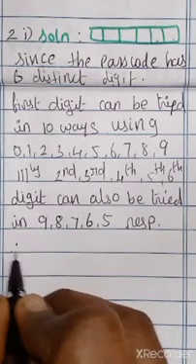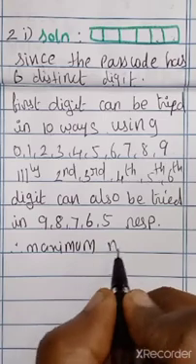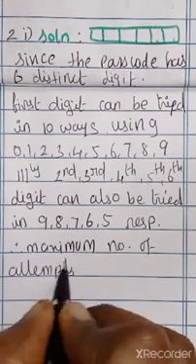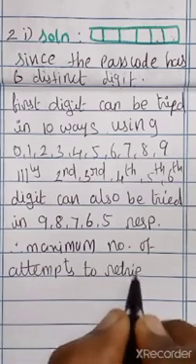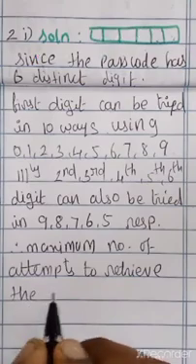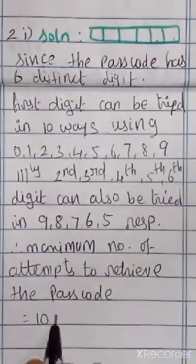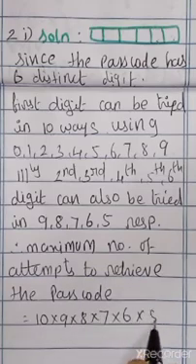Okay, therefore your answer, the maximum number of attempts to retrieve the passcode is 10 into 9 into 8 into 7 into 6 into 5.